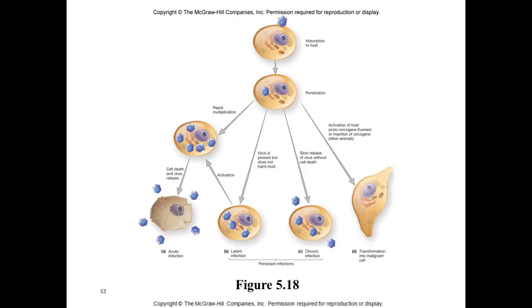Other infections slowly release the viruses. Can anyone think of an infection that's slow progressing and viral? It's what we refer to as chronic. You're sick for a really long time, and it usually takes a while to understand what's wrong.